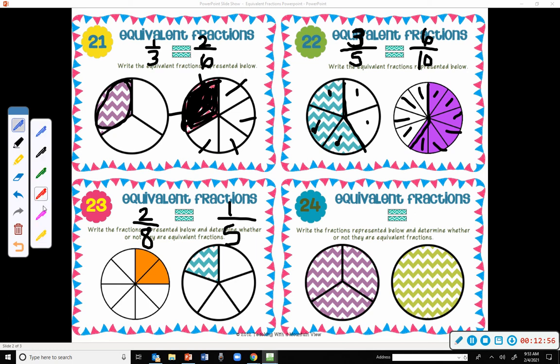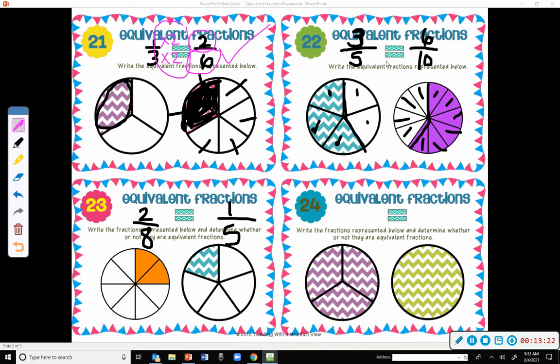So let's go back up here to the top, and I want you to notice what we're multiplying by. If I have 1, I can multiply it times 2 to get 2. Then if I multiply 3 times 2, does that give me 6? Yes. So if you end up multiplying by the same number, that means they're equal.